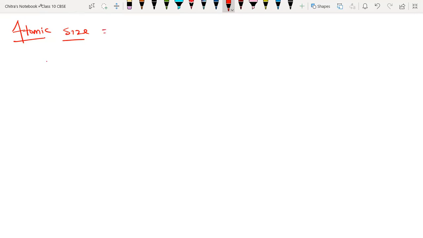And 1 picometer means how many meters? I'm writing here 1 picometer. It is represented by pm, equal to 0.001 nanometer.